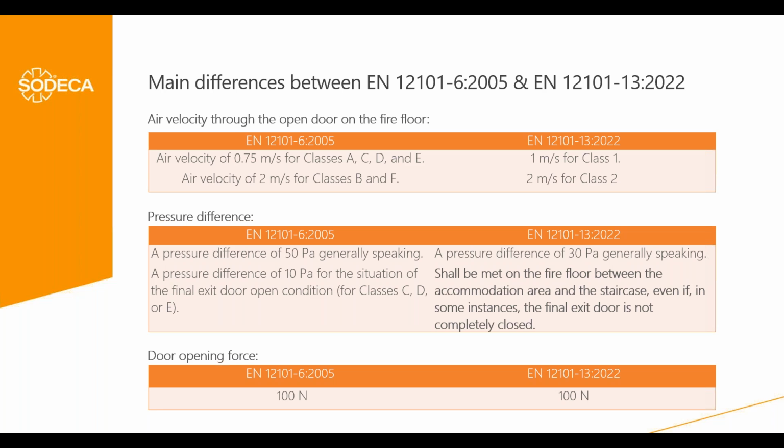This self-closing mechanism was not able to close that door completely, and if this door remains partially open, this is a big leakage of the system, and then the airflow that we need to put in the staircase to both maintain 30 pascals in the door closed condition or to maintain the airflow velocity in the open condition is higher than if that door was completely closed.